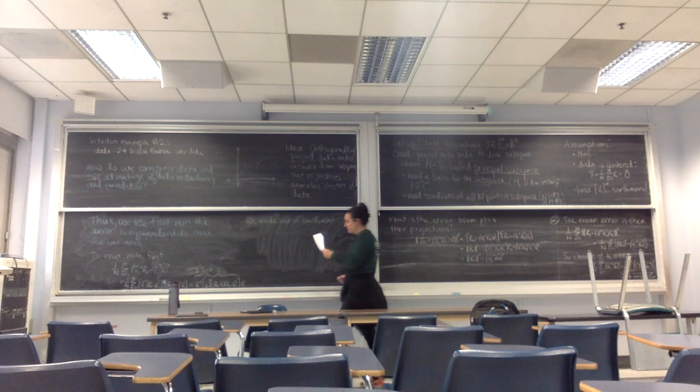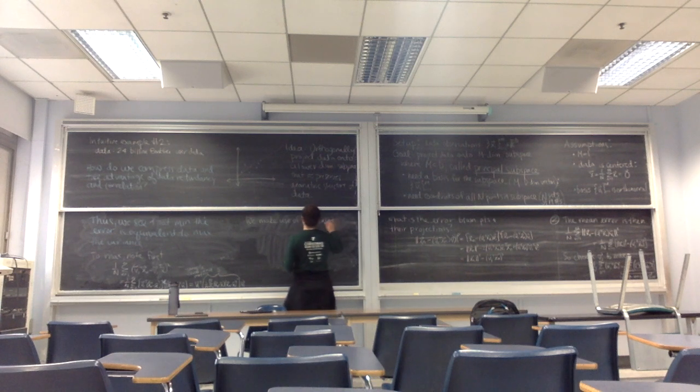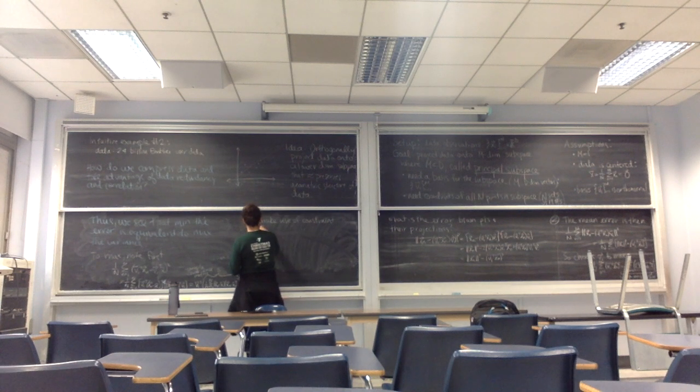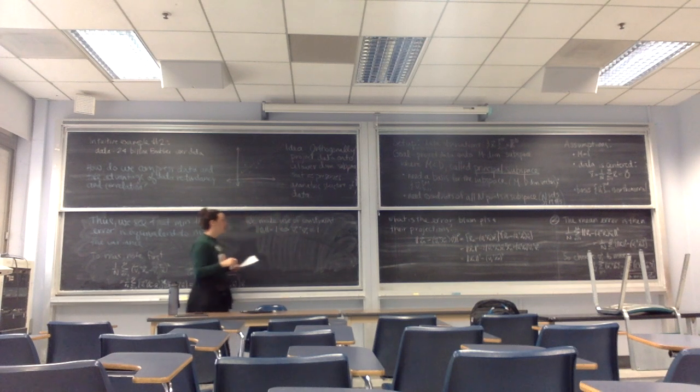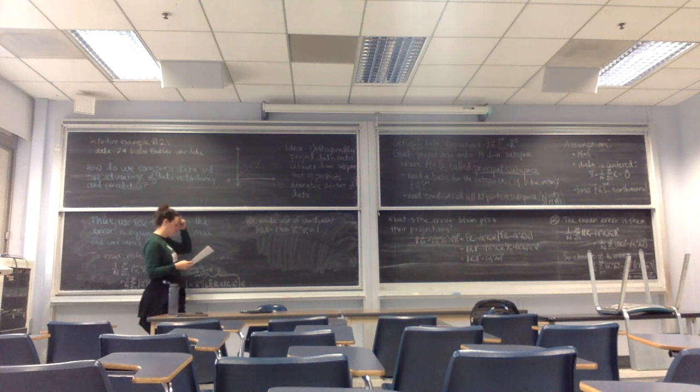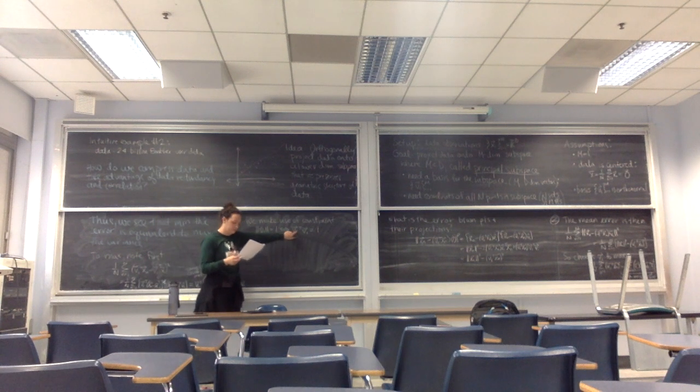So they have norm 1. Okay. Right, which is equivalent to instead writing that V1 transpose V1, which is the norm squared of V1, is equal to 1.